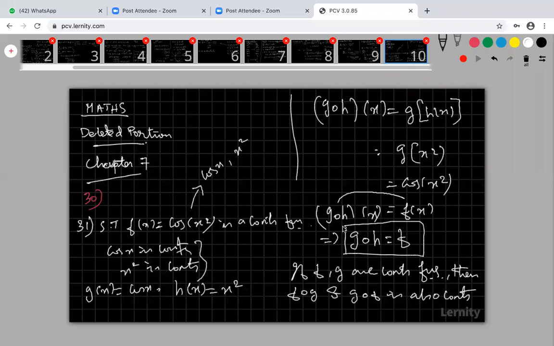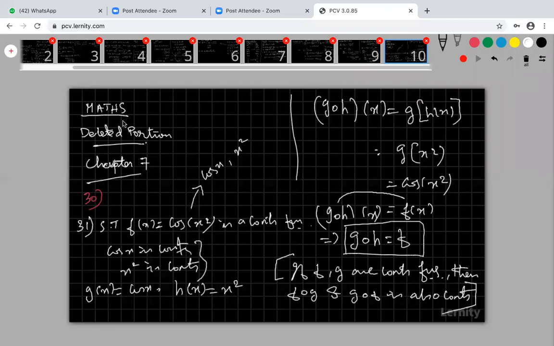That means g composition h is continuous. G composition h is nothing but f. Are you okay? Please try to understand. Using this result, I get that the composition of two continuous functions is continuous. Since g composition h is continuous and this is nothing but f, therefore my f is continuous. What is f? F is nothing but cos of x square. So this function is continuous.